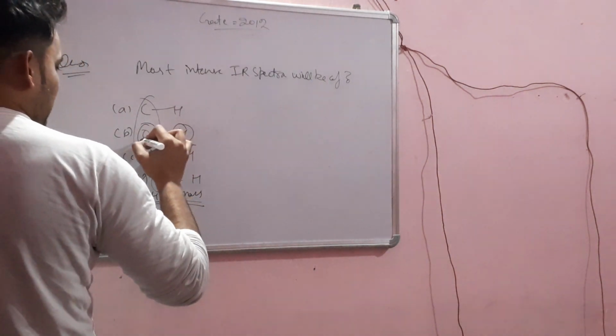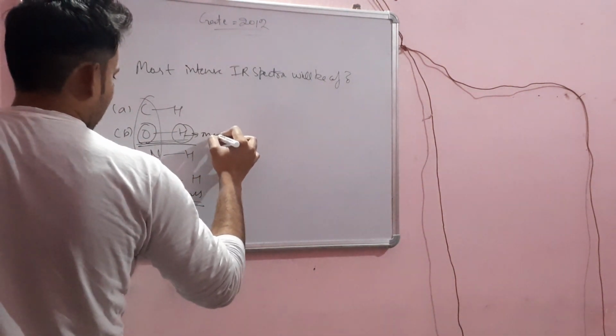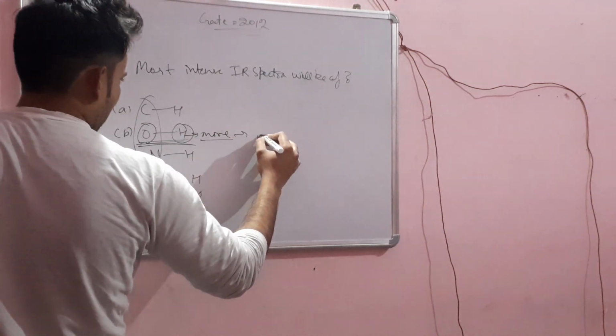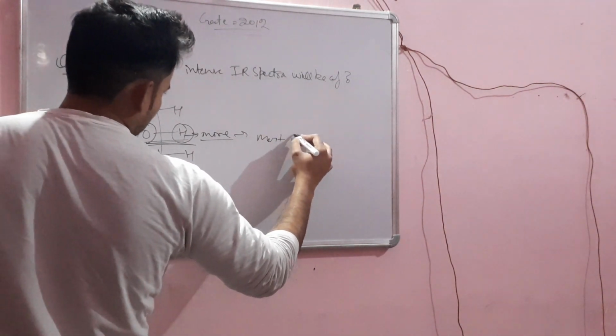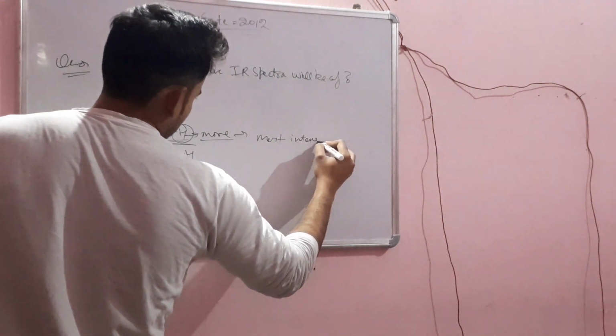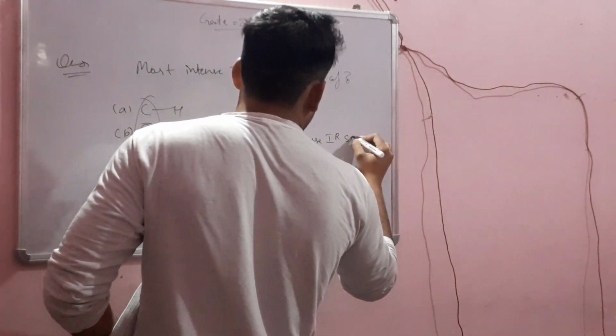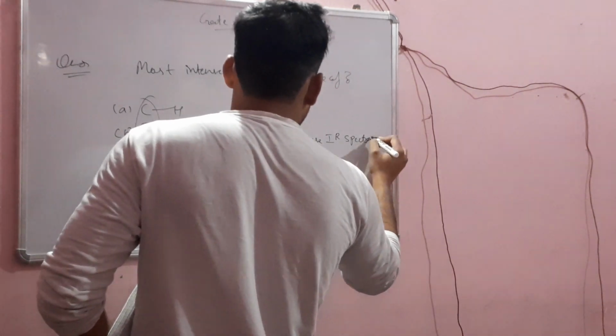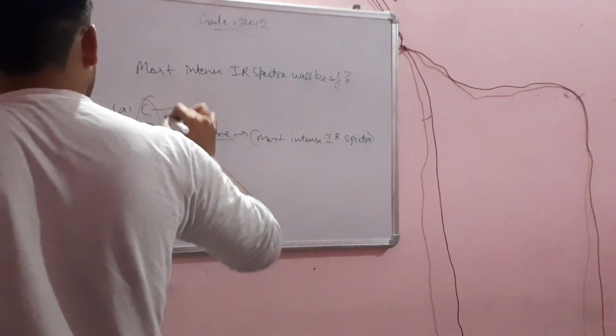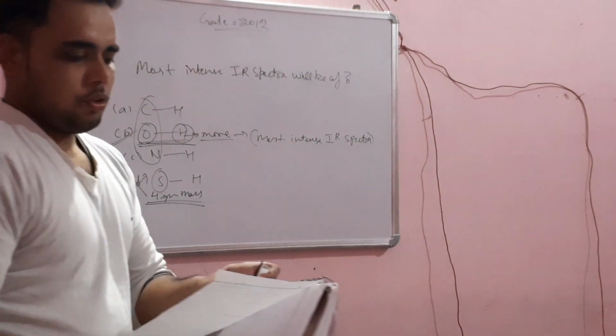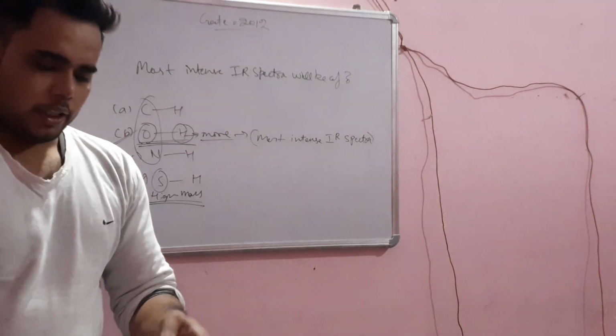Among all these three, this one is more polar. That means the most intense IR spectra will be shown by this. So that's your right answer. OH will give you the more intense spectra.